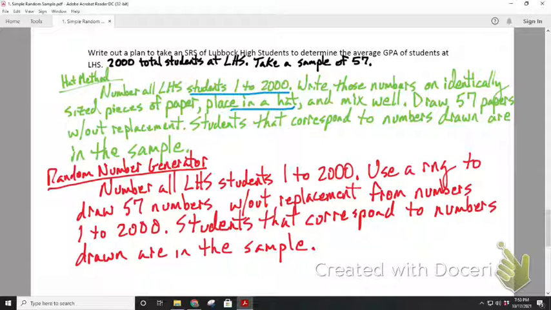I've read many questions where they write them all on these pieces of paper and they draw, but they forget to write where they're drawing them from. If you're doing a hat, make sure you say mix well. I think without replacement is crucial. I mean, all of it is crucial. Over on the random number generator, sampling frame is crucial. This phrase is crucial. It's all crucial.